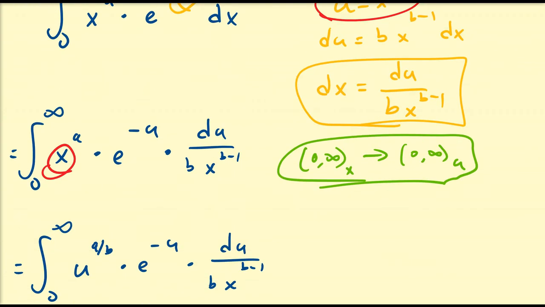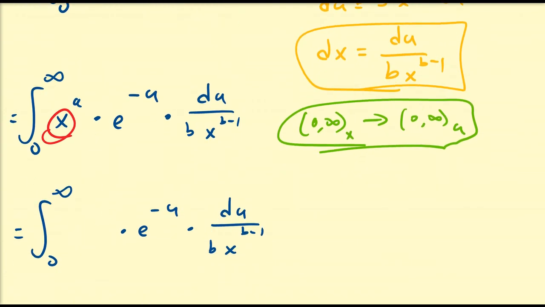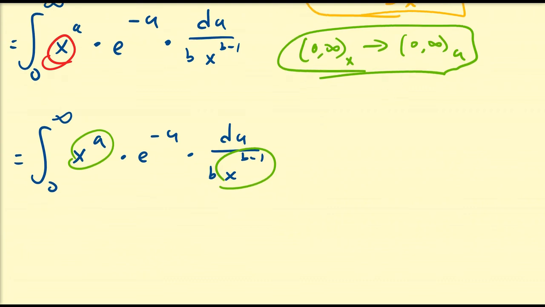Maybe I could have left this here so I can deal with this division of x terms, and I'll replace it later. So this is going to be equal to the integral from 0 to infinity of x to the a minus b plus 1 times e to the minus u du.